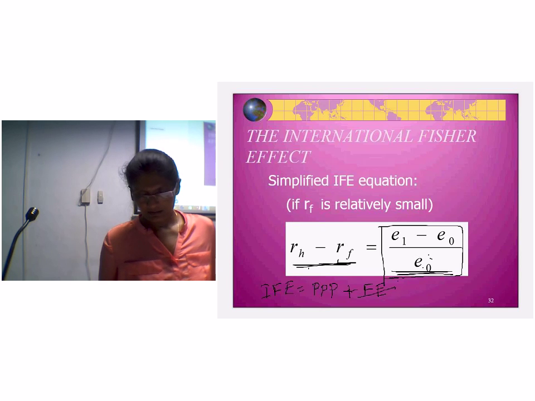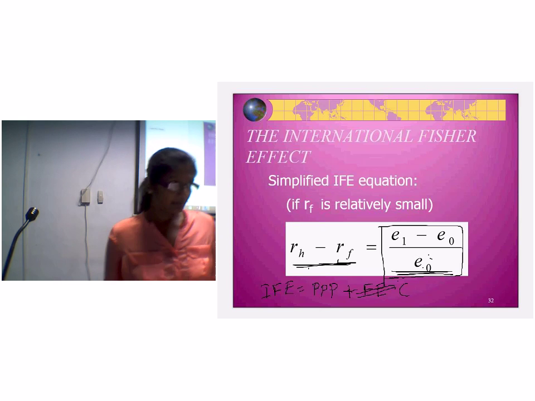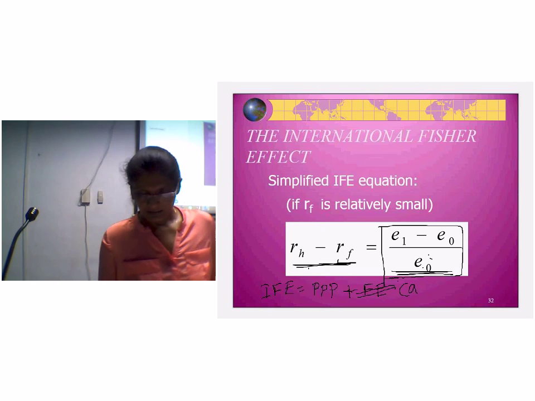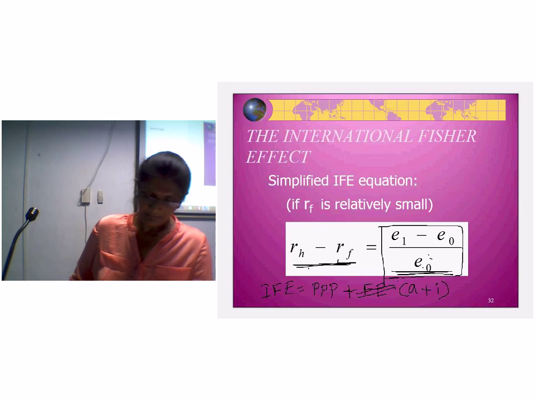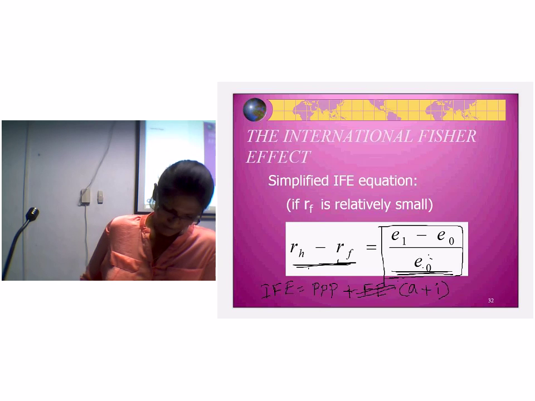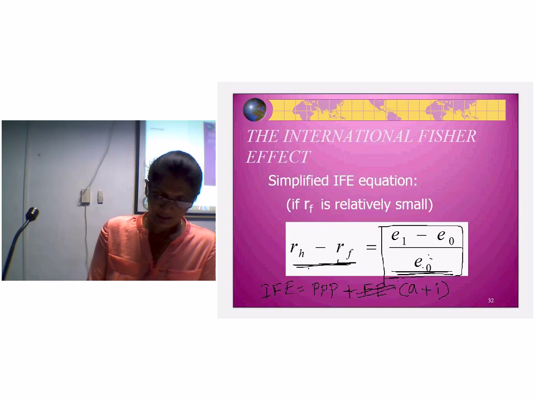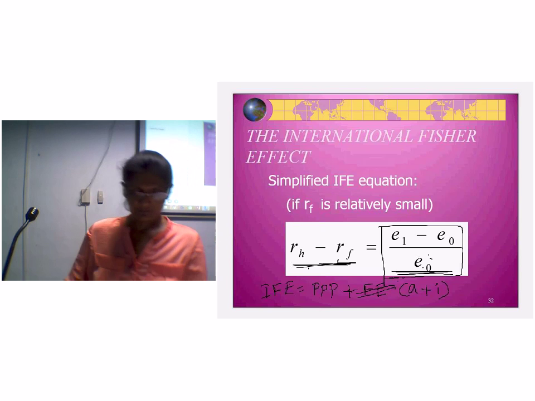In other words, the Fisher effect says nominal rate is equal to real rate plus inflation, right? So the international Fisher effect is equal to real rate plus inflation plus purchasing power parity, right? So the same thing reflects here, okay?